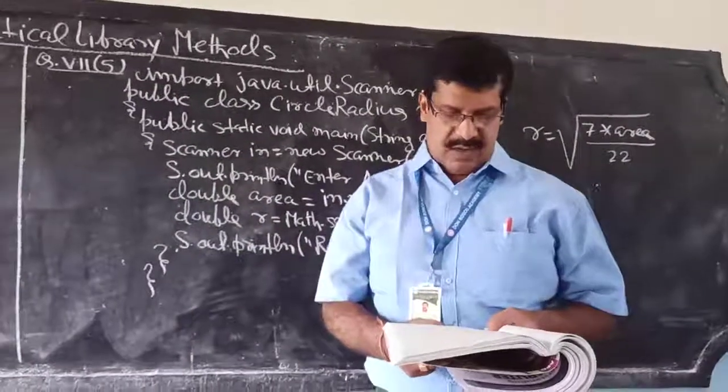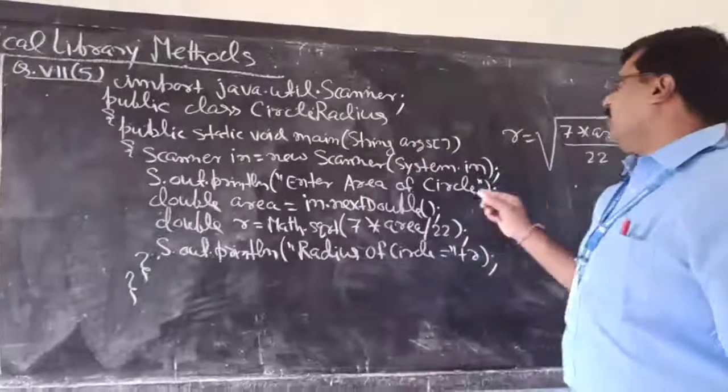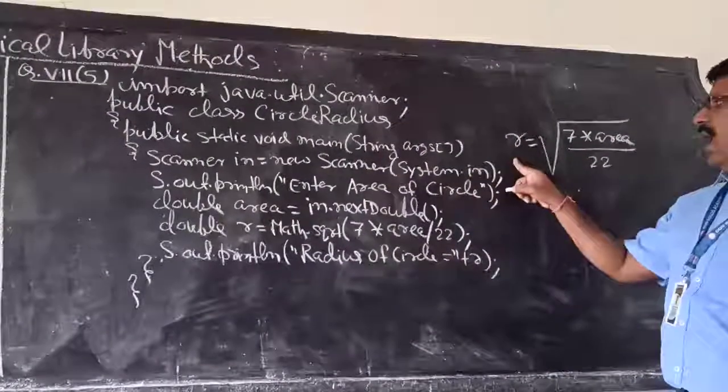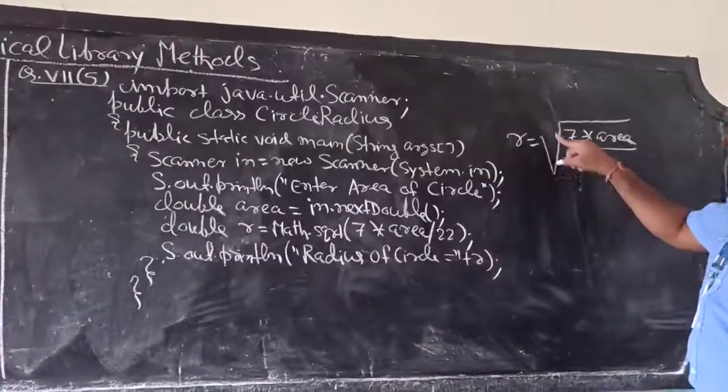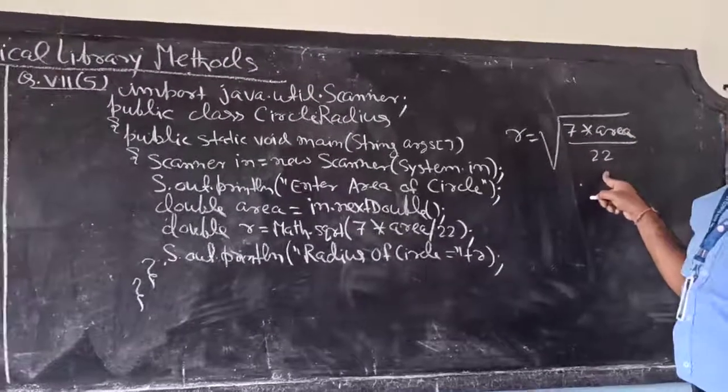Hence the radius can be calculated as r equal to square root over 7 into area by 22.